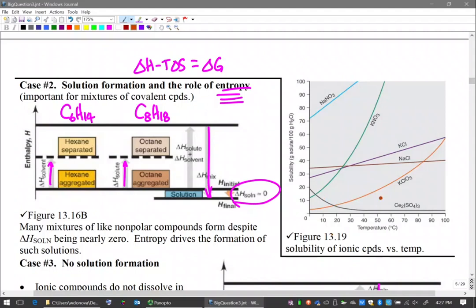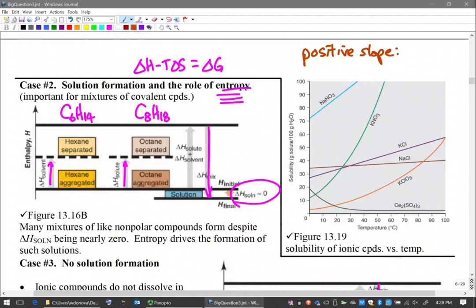Here's a figure that shows the solubility as a function of temperature for a bunch of different compounds. Notice that most of these lines have a positive slope. Some are more straight lines, some are more curved, but they all have a positive slope except for one. Think about it. If it's more soluble at a hotter temperature, like potassium nitrate, the green line, which increases really fast, what does that mean about the enthalpy of solution?